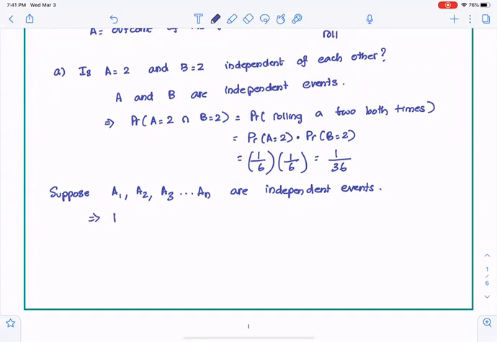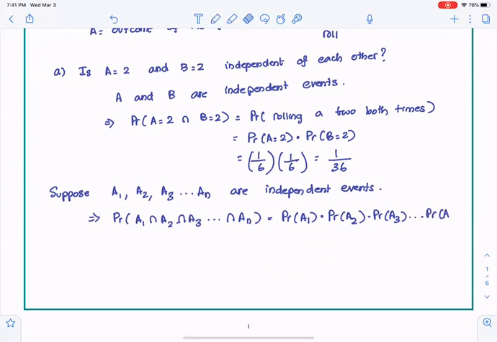Then the probability of A1 and A2 and A3 all the way up to AN is simply the product of each of their probabilities. So probability of A1 times the probability of A2 times the probability of A3 all the way up to the probability of AN. In other words, we simply find the probabilities of each event and multiply them all together. Hence the name multiplication rule.